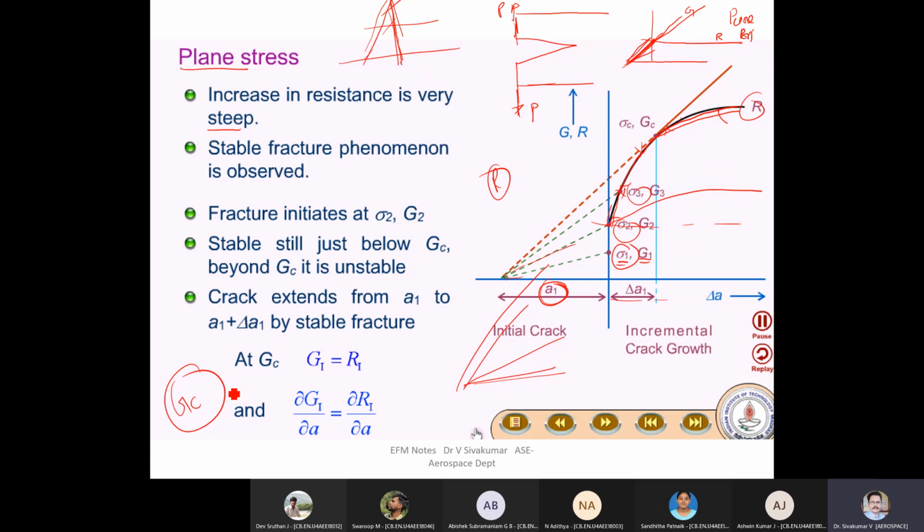A consistent value I should get. Then only it can be standardized. I cannot have many critical values. It should be one value. Whatever fashion of load you apply, that material should possess the same character. But that is not observed in high strength alloys, especially in the plane strain approach.